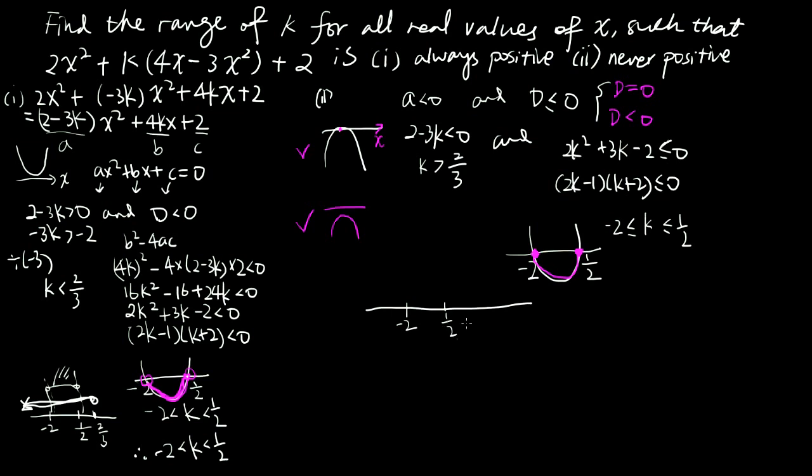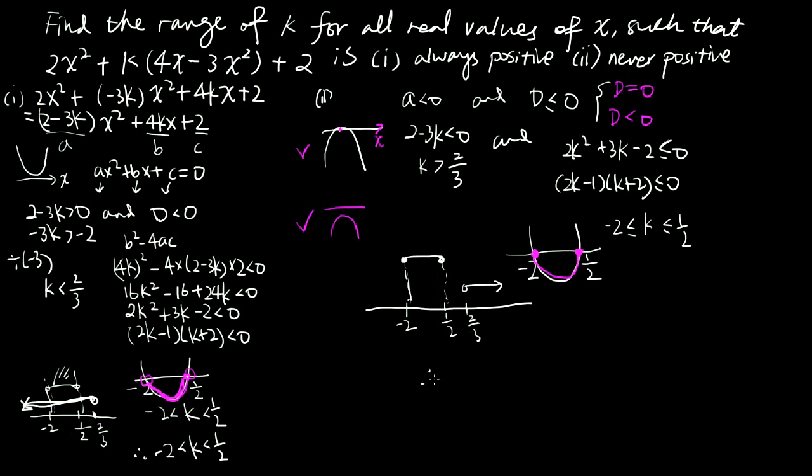We have -2 and a half and the 2/3, greater than 2/3 and between -2 and a half inclusive. This is what we can do.